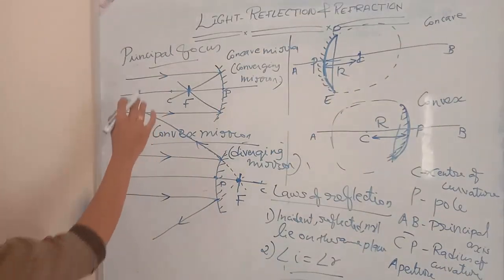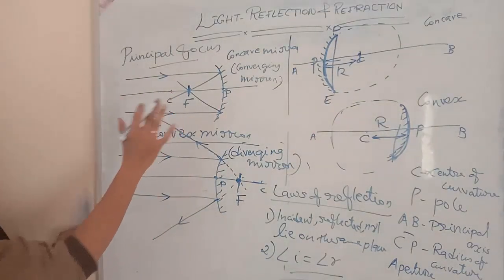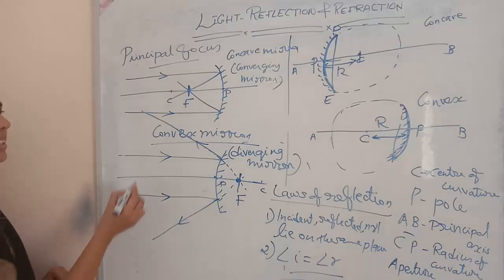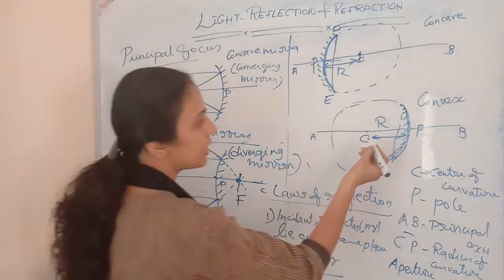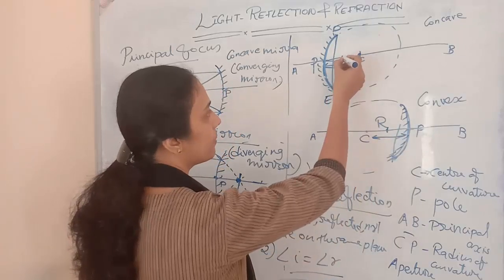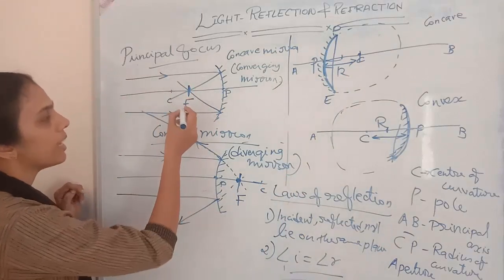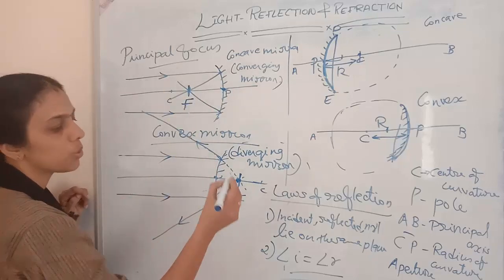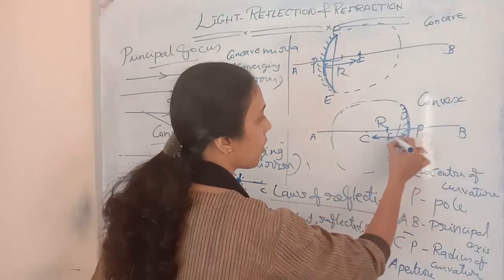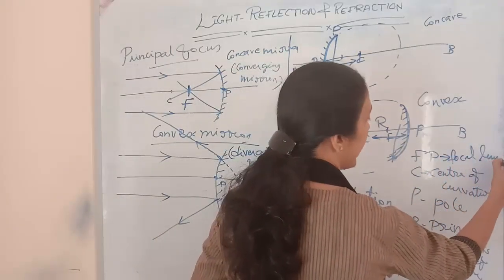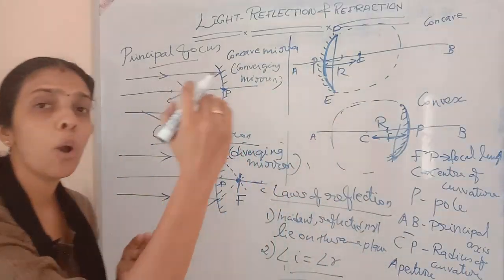Okay, so clear what is principal focus of a convex and concave mirror and the laws of reflection. Now next is what is meant by focal length. If I am calculating this focal length, it will be coming here. So focal length is the distance from principal focus to P. This FP distance is called the focal length, from principal focus to pole.